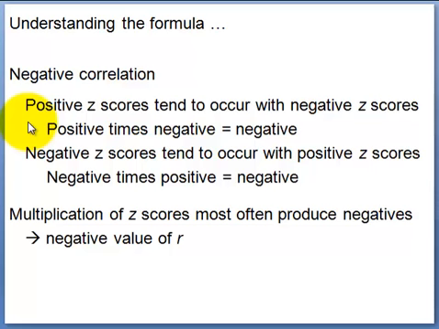And in either of these situations, you're going to get a negative cross product. Positive times a negative equals a negative, and in this example, the negative times the positive yields the negative. And so this is the notion here that when the multiplication of the z-scores produces negatives, that yields the negative value of r. So this is how the formula, in essence, does its thing. And I think we'll just leave it right there.